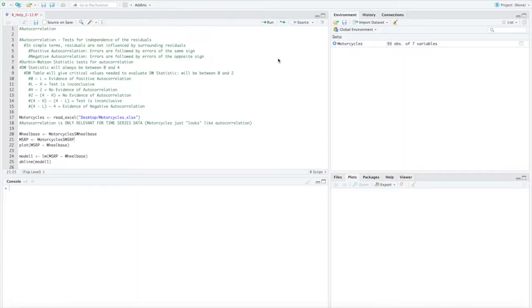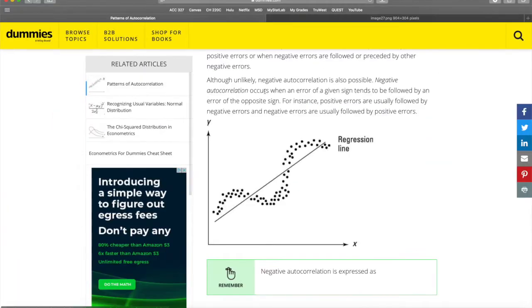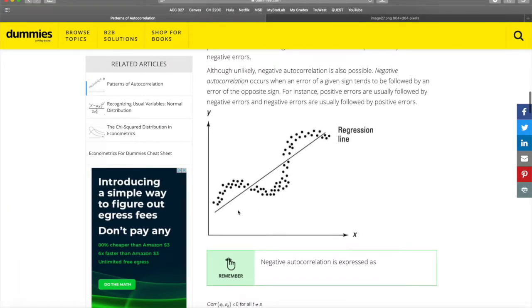I know this sounds a little bit tricky to explain and wrap your head around, so I'm just going to show you some pictures real quick of what this would look like in the real world. Over here we have an example of positive autocorrelation. From this point up to this point, we see that the errors in the data set are becoming more and more positive. One point here is a certain distance away from the regression line, and as we go up to this point, the space between the point and the line increases.